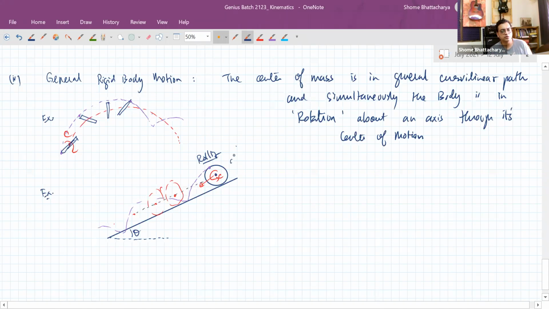So rolling down an inclined plane, or even rolling on a horizontal surface. I've taken the example of rolling down an inclined plane.